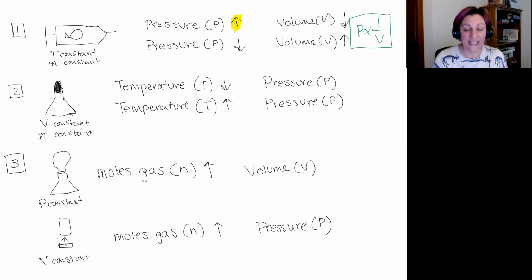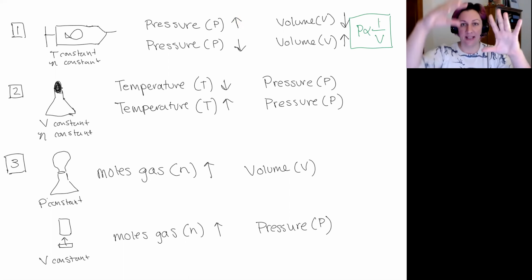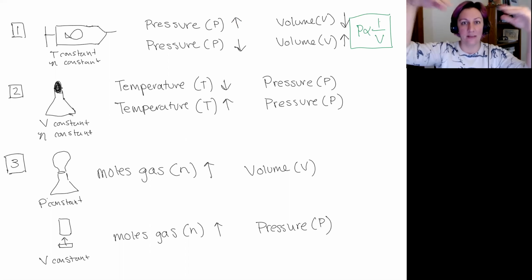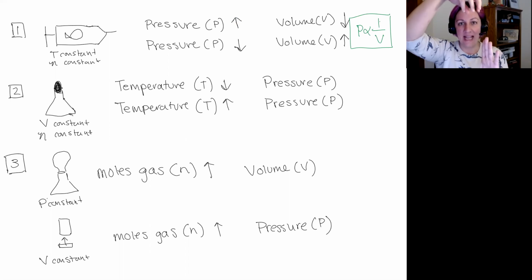All right, looking next at our second demonstration, we saw that we had an egg inside of a flask, and the air inside of the flask was heated with a flame. And when the flame went out, the egg sitting on top was sucked into the flask.